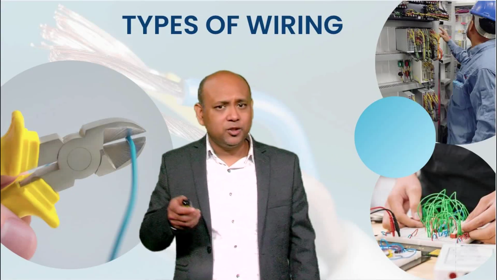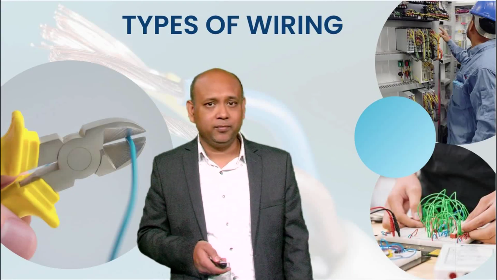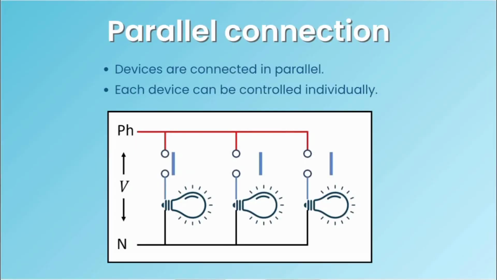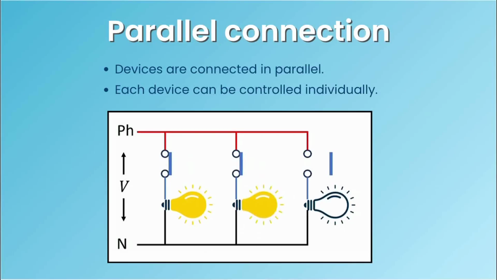Now, let us talk about the parallel connection. In a parallel connection, all devices are directly connected to the supply voltage. Unlike a series connection, where the voltage gets divided, here the voltage is going to remain the same across each device. One key advantage of parallel connection is that each device can be controlled individually.